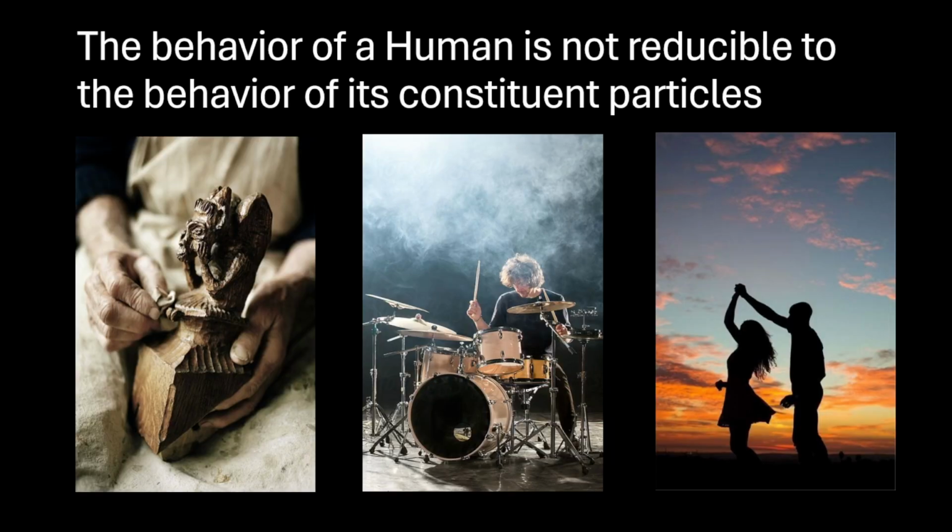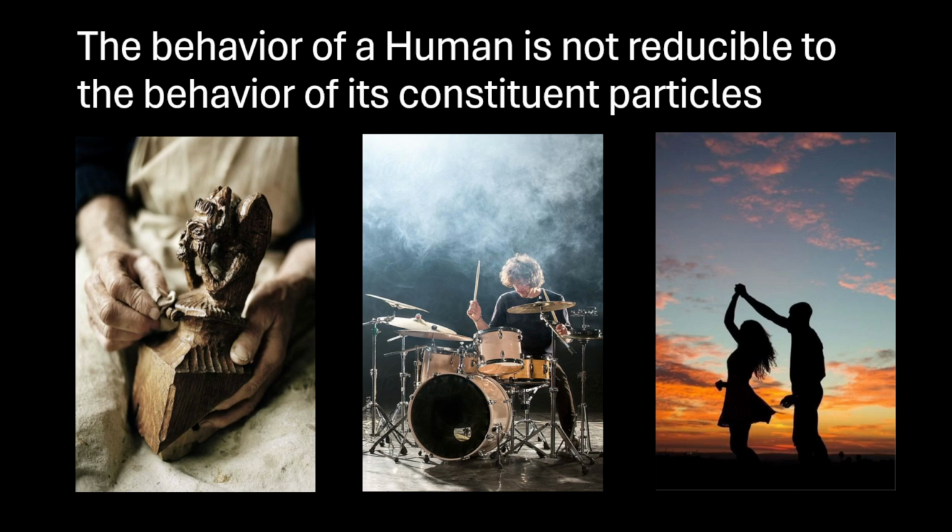Now, again, a lot of this is quite trivial because it's hard to imagine the behavior of a human being being reducible to the behavior of its constituent particles, because we do lots of things which particles themselves aren't capable of. Are particles individually capable of creativity, of romance, of sexual attraction, of ambition, like the ambition to be the best drummer or the best athlete?